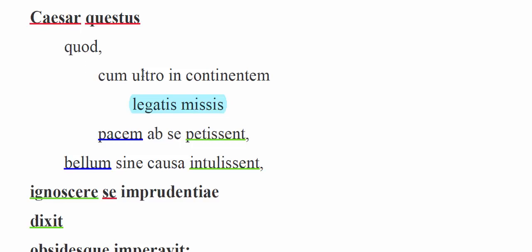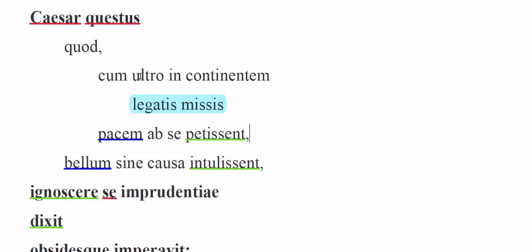when recently to the continent, now this is Europe, okay, the continent. As long as we're in Britannia, the continentem, accusative, is going to be Europe. So recently to the continent, ambassadors were sent. Having sent ambassadors, the Britanni had sought peace from Caesar.